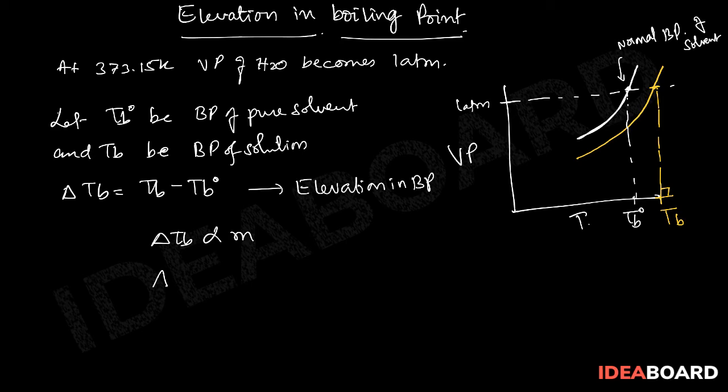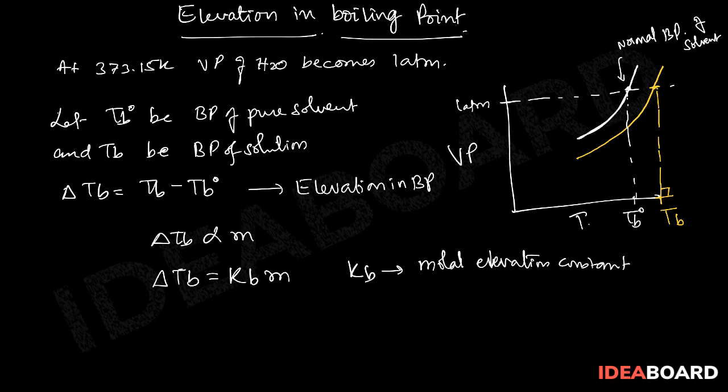So if I have to write it as equation, then we introduce constant called Kb, where Kb is actually molal elevation constant, or it is also called as ebullioscopic constant, or it is also called boiling point elevation constant, and its unit is actually Kelvin kg per mole.